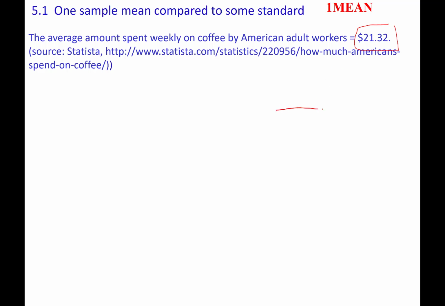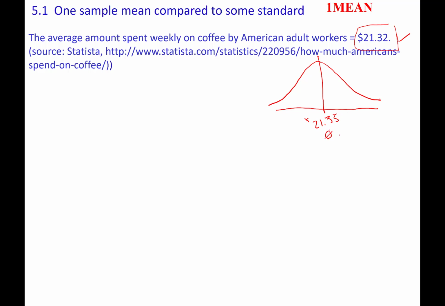Now, keep in mind that all statistical testing centers around a distribution that we assume represents the null population, or the null where the population is accurately captured by this $21.32 figure. In other words, there's a 0 difference.